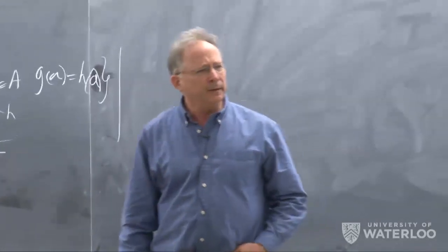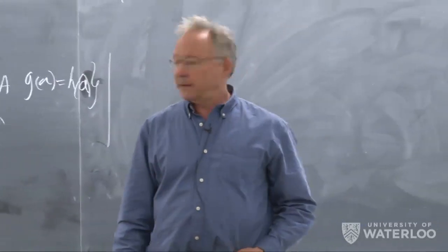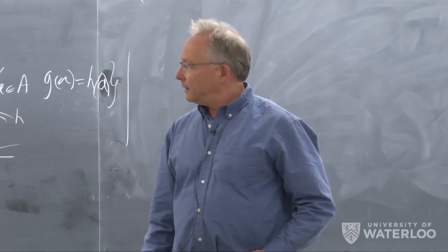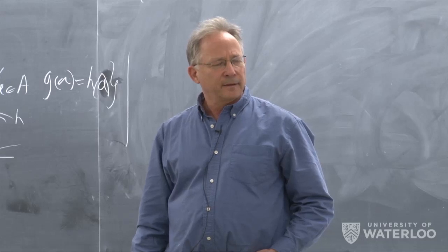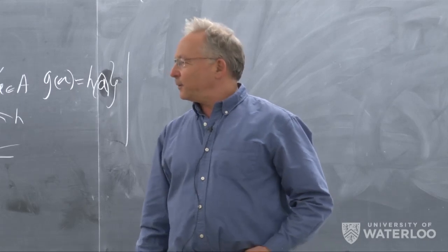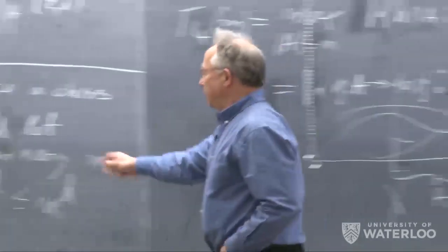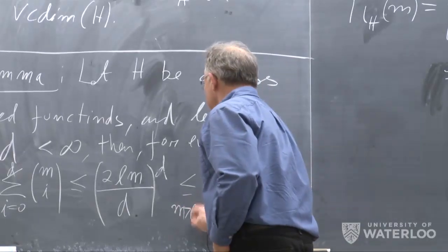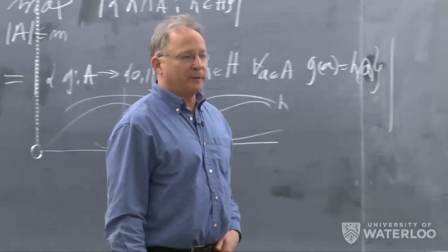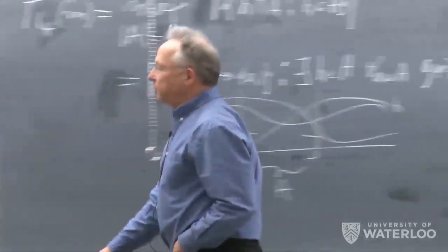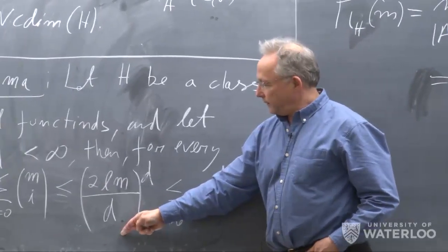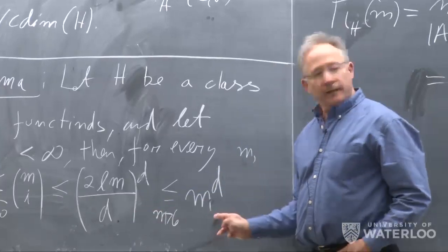Yes? In the chain of inequalities. The second from the right, is that 2e m over d? What if d was less than 2e? Yeah, if d is less, so right, so this only holds for m greater than d. But that's what we care about, larger numbers. Right. You're right. Because what he noticed is that this thing could be more than 1. And then we will not have this inequality.